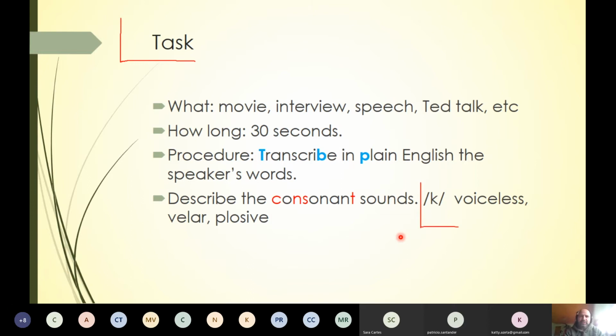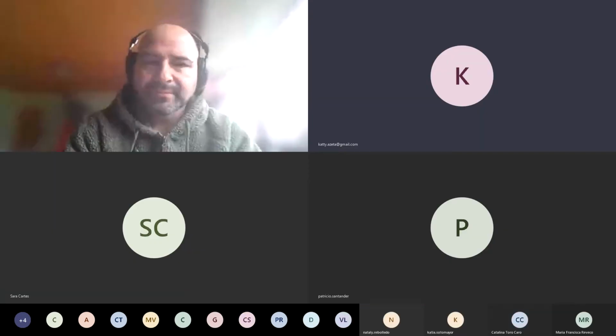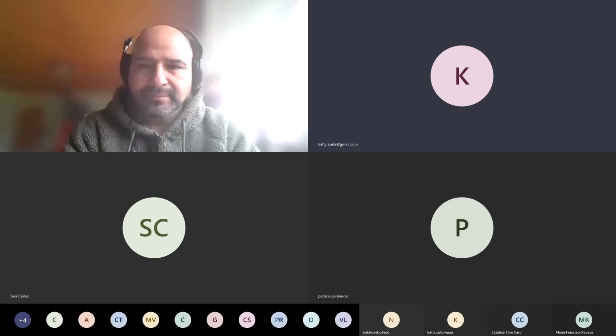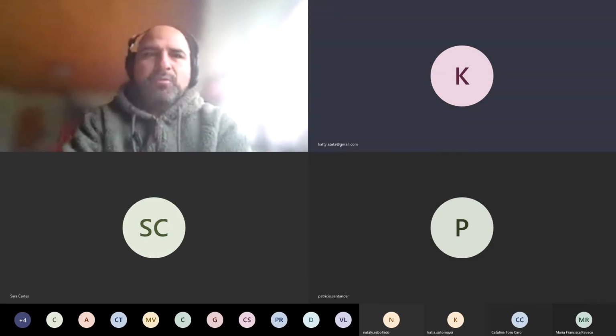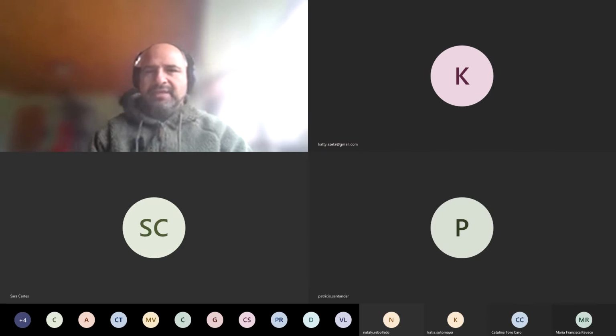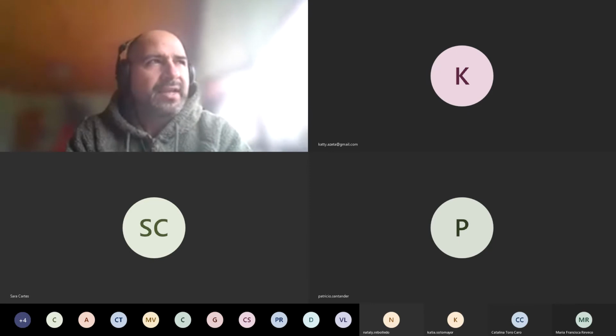Do you have any comments or questions about the task? How many consonant sounds we have to describe? How many sounds? Well, I think that's a very good question, because there's not a specific number, like thinking about a minimum of consonant sounds.